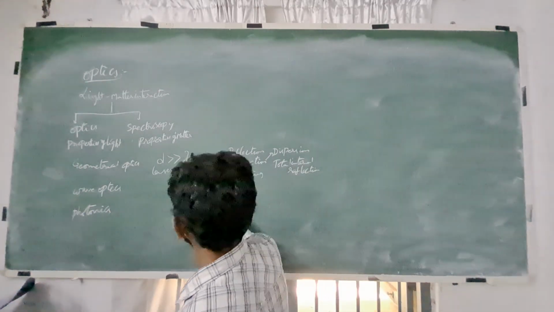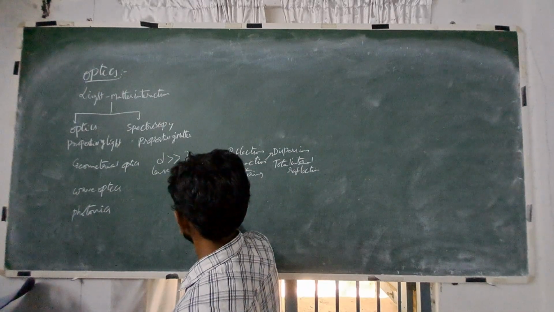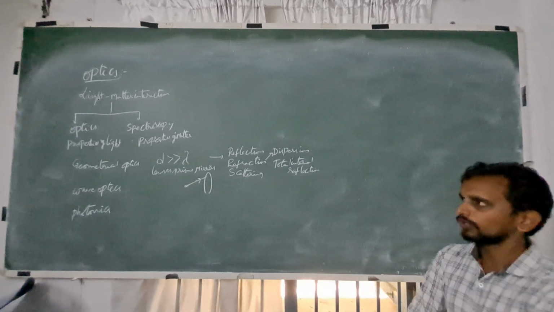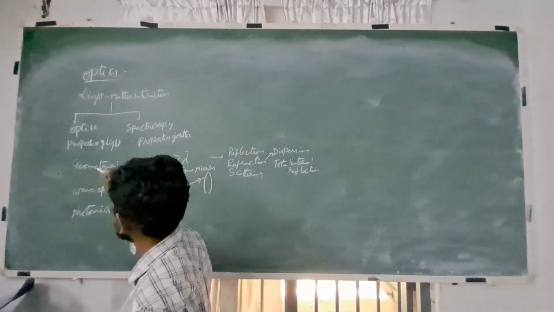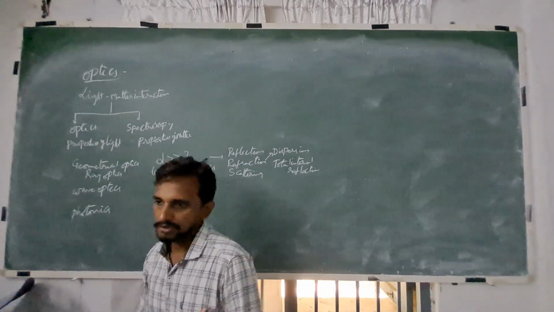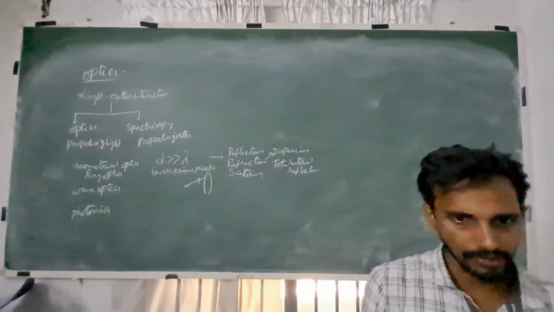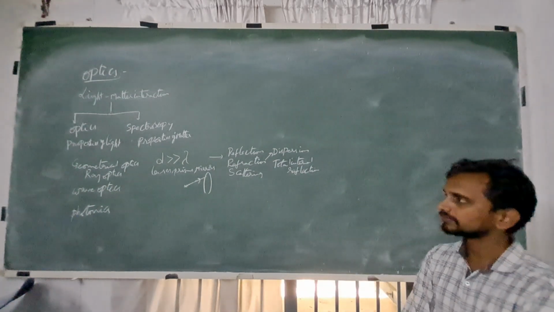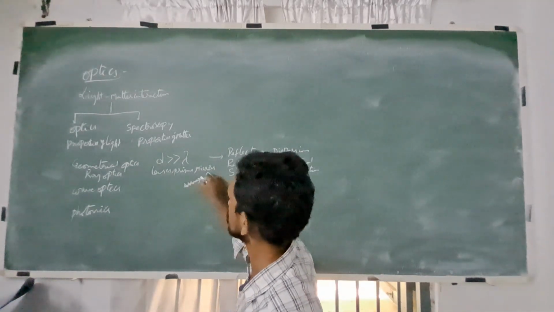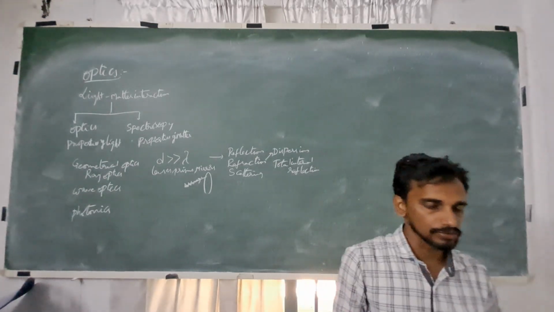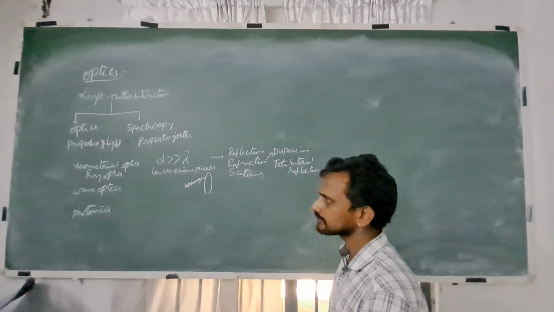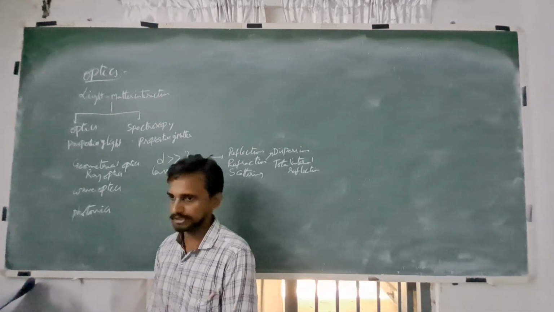So if the size of the object is very large compared to the wavelength of light, we consider it as a ray model. So geometrical optics is also called ray optics. Light is considered to be traveling in the form of rays. In this case, the detail of wavelength information is not necessary. Even if you use it, you will get the same result, but it is mathematically complicated, and that much detail is not necessary.